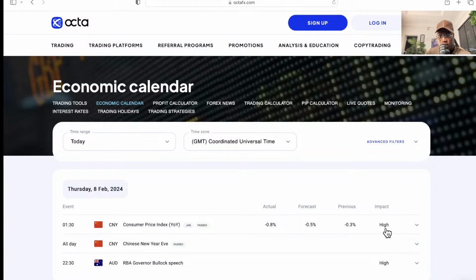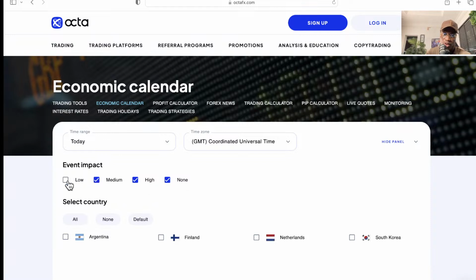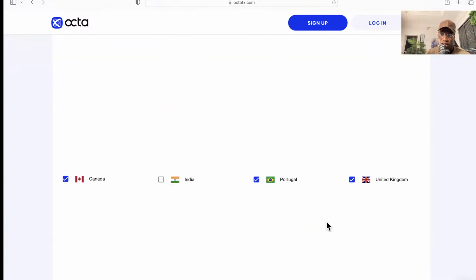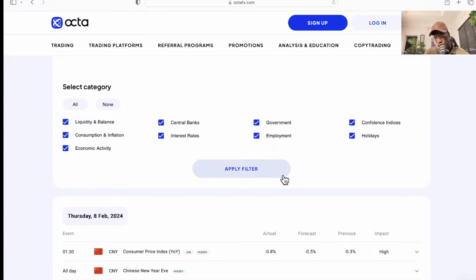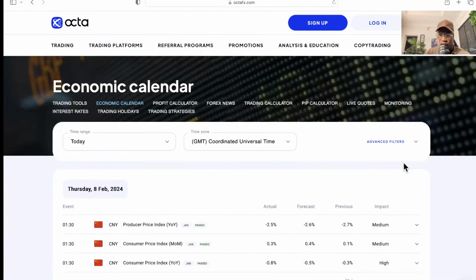My filters are set to high impact events, but because we have some diverse traders, all level traders in the chat, I'm going to add medium impact and low impact events as well, so that we just take a look at everything. Now, and this is an amazing feature created by Octa. If you're a beginner trader, I would say it's important that you include the low impact events as well.